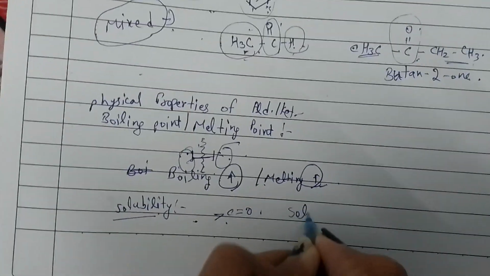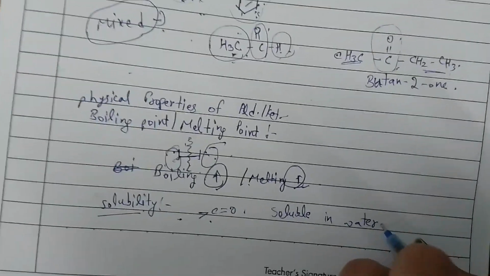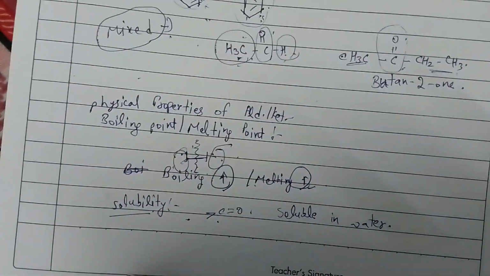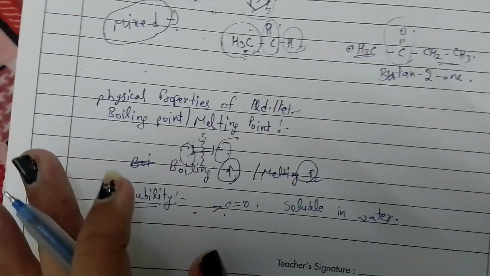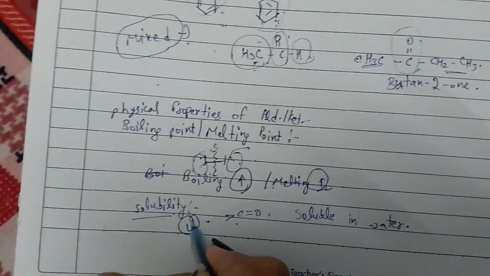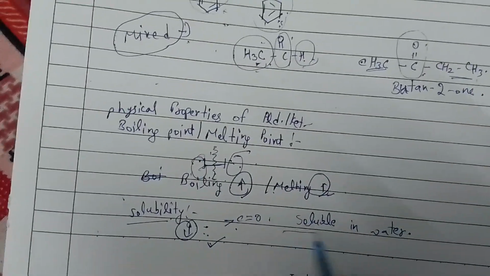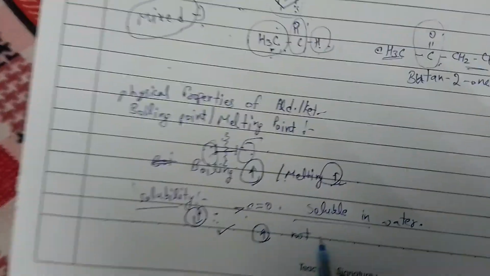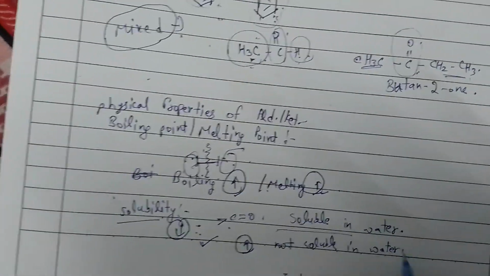But as the hydrocarbon part increases in the higher aldehyde and ketone, H bonding does not occur. In this case, we will say that they are not soluble in water. The lower aldehydes and ketones are soluble in water, but the higher ones are not soluble in water. Okay.